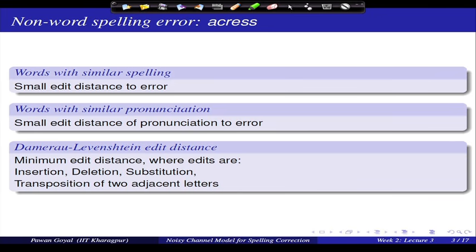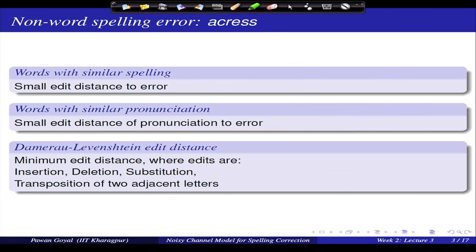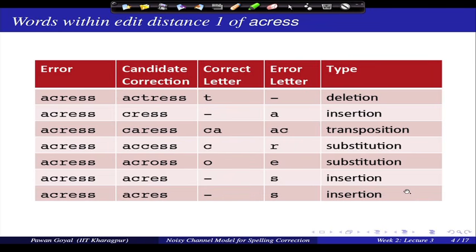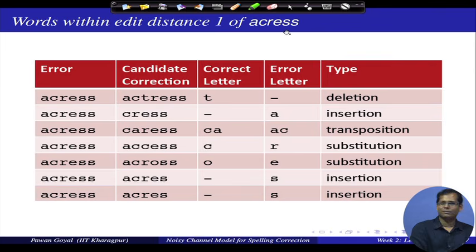We discussed how to modify our dynamic programming algorithm to take into account this transposition in the last lecture. So given a string, I can find out what are the other words that come within edit distances of 1 or 2. Suppose I start with actress, that is my observation, the incorrect word. I try to find all possible candidates that come within edit distance of 1.